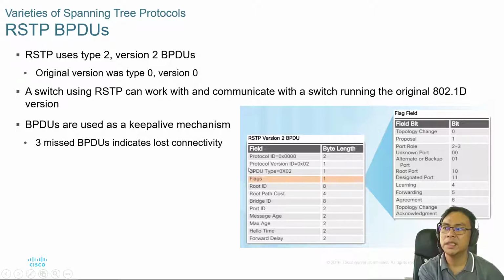Then BPDUs. Again, I'll leave the diagram for you to have an idea of the different composition of the RSTP BPDU. We have two types: version 0 for the original and version 2 for the new one. That's the only difference between them. So this is version 2.